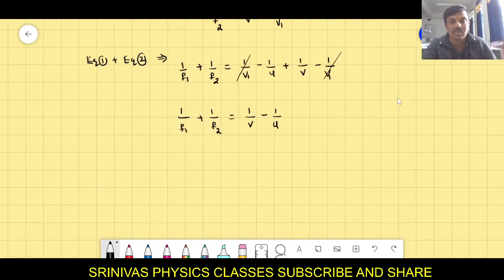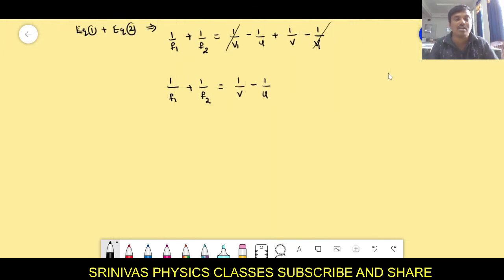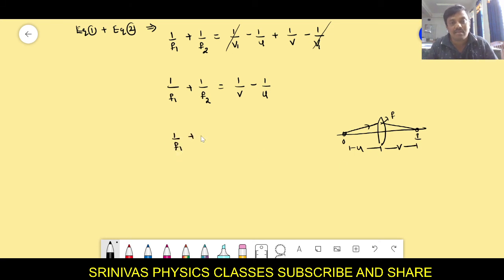Then that means here in place of 1 by v minus 1 by u we write 1 by f, because this is the combined focal length f and O is the object for that lens, and final image is I, and object distance is u, and the image distance is v.